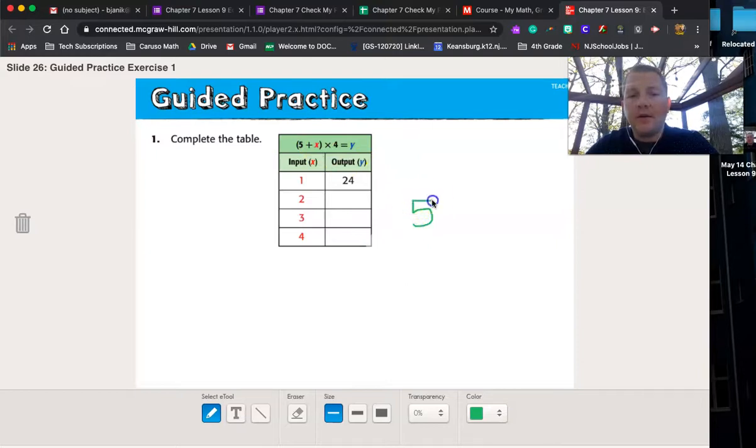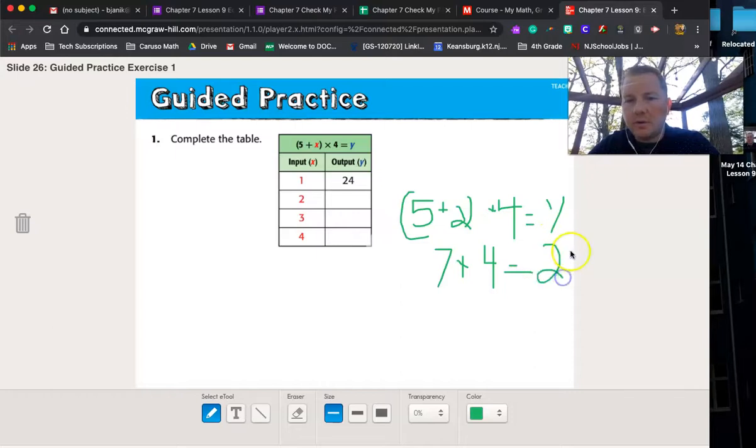So let's do 5 plus 2, make sure we have our parentheses, multiplied by 4 equals our output y. So it's 5 plus 2, that's 7. And we're going to multiply that by 4, and 7 times 4 is 28. So our y here is 28.